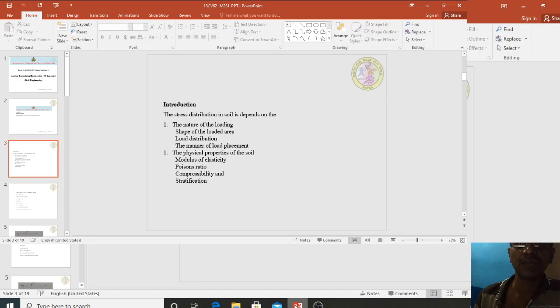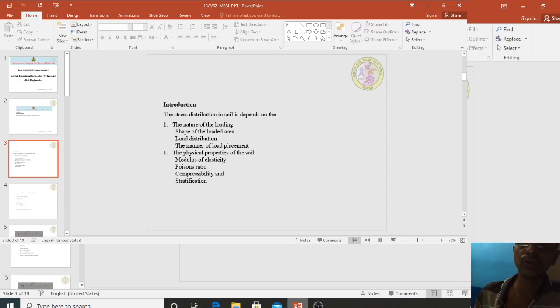For example, if I have a compound wall, it is a strip type of load distribution, and the stress distribution pattern will be different because the width gets reduced. So the shape of the loaded area decides how the stress will distribute onto the ground.